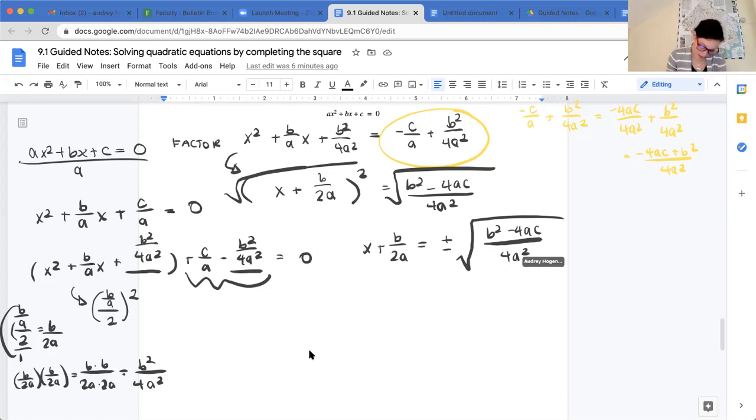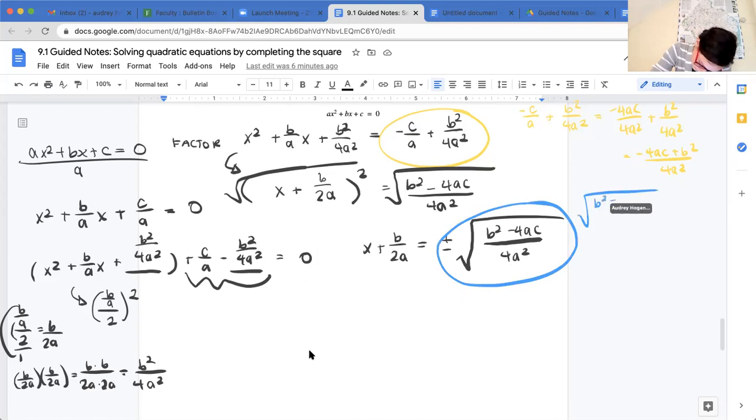Okay, and I'm going to do another little aside here for that right side of my equation, because I can do a little simplification with my square root. So I have the square root of b squared minus 4ac all over 4a squared. Hopefully you remember that we can break square roots on a quotient. So I'll have the square root of b squared minus 4ac all over the square root of 4a squared.